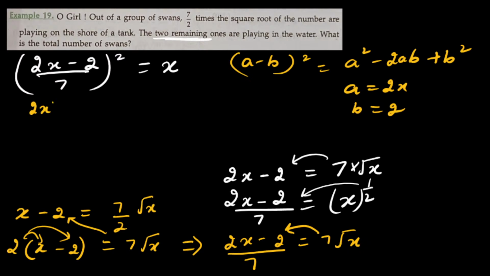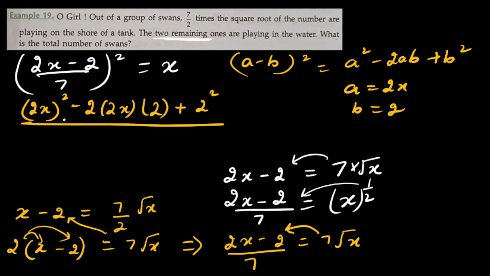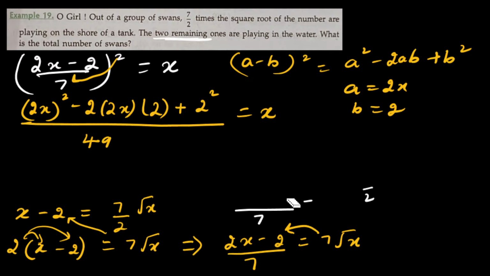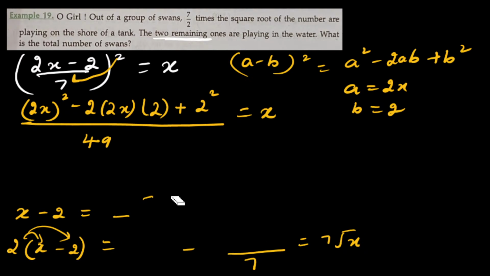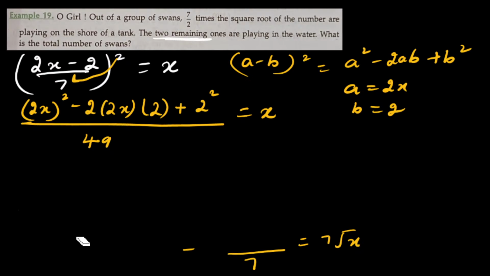So 2x whole square minus 2 into 2x into 2 plus 2's whole square by, because 7 is there, this 2 will get distributed to 7 also, by 49 is equals to x. Now we can just simplify. Okay, it's 2x minus 4.